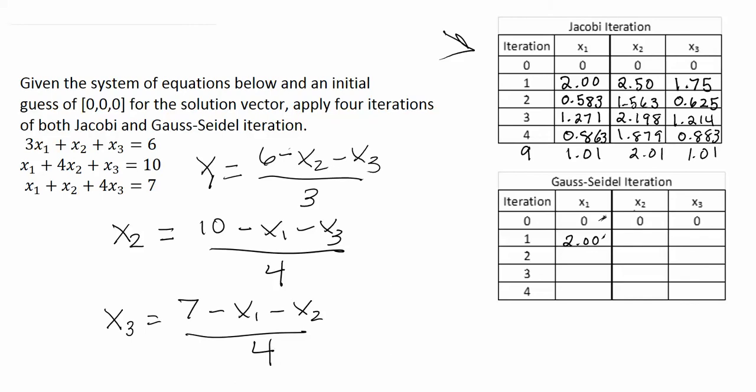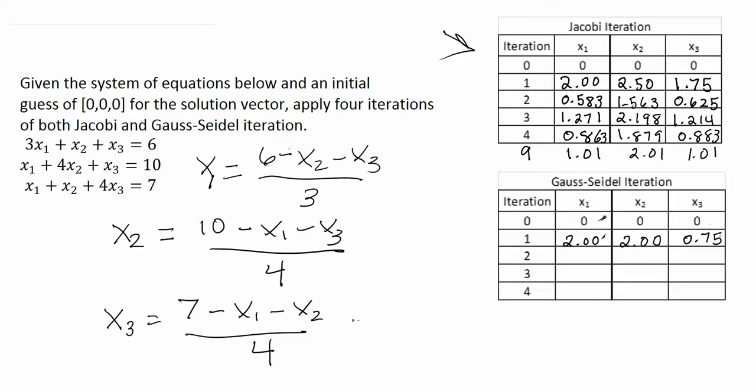So I get 10 minus 2 minus 0, because I don't have an updated value for x3 yet. So 10 minus 2 minus 0 over 4 gives me 8 over 4 for 2.00. Next, now we have an updated value for x1 and x2, so when I apply x3, I say 7 minus 2 over 4 for 0.75. After one iteration, that's my best estimate of the solution vector.